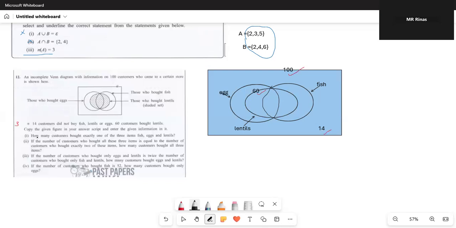In the question, first they ask how many customers bought exactly one of the 3 items: fish, egg or lentil. So they are buying only one item.